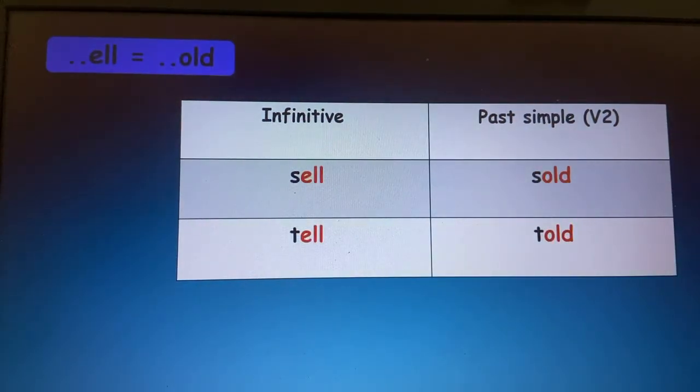When we have ELL, it becomes OLD. For example, the infinitive form of sell becomes in the past simple sold. Sell, sold. Tell, told.